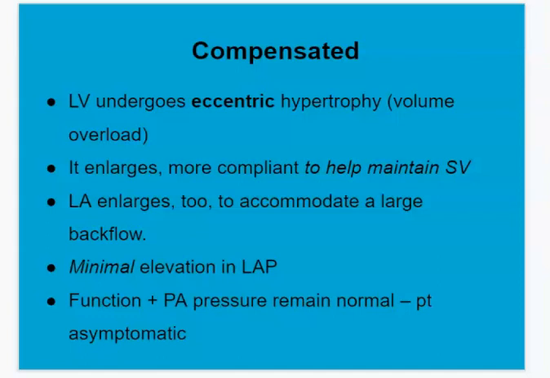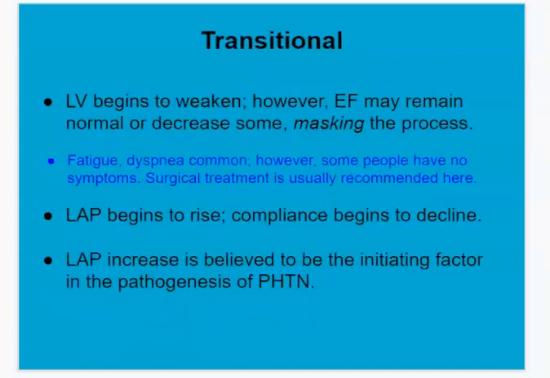And remember, we've got MR going on, so that helps accommodate the larger than normal backflow into the left atrium due to the MR. And at this point in the disease process, there's minimal elevation in the left atrial pressure, and function and PA pressure are pretty much normal. They may be borderline or something like that. And the patient is primarily asymptomatic at this point in time.